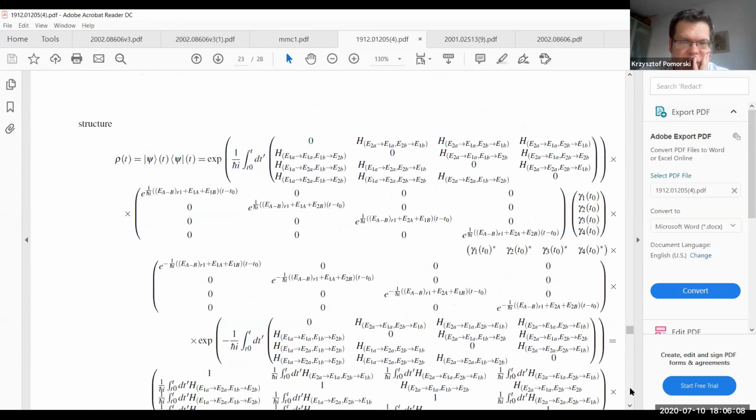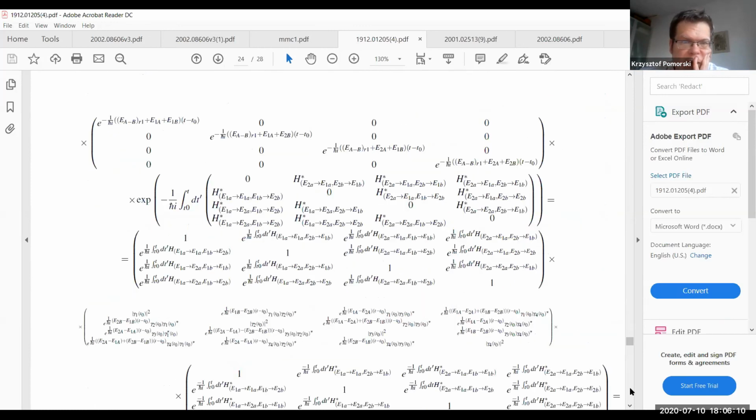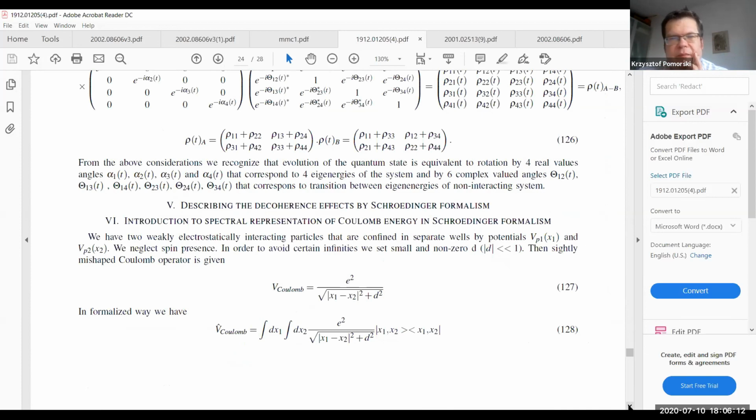All right. So maybe I will also make a small description of the same process, but so far I was limiting myself to the use of the tight binding model, and now I can do the same things with the use of Schrödinger formalism. We have the electrostatic Coulomb interaction in such a way.